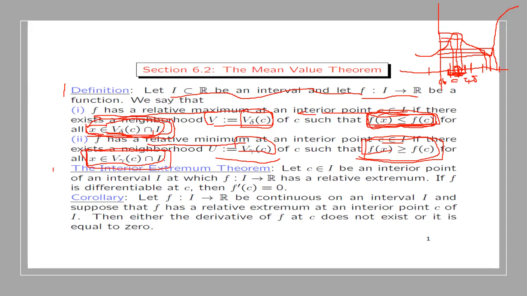So next we have the interior extremum theorem. This is what we have. Let C be a point in I which is an interior point, and let f be a function that has a relative extremum at C. You pick an interior point C in I, and f is a function on I which has a relative extremum at C. By relative extremum we mean it is either a relative maximum or a relative minimum, one of the two.